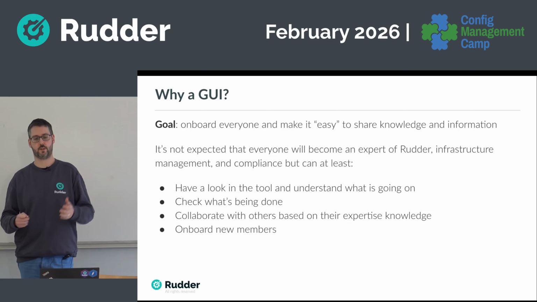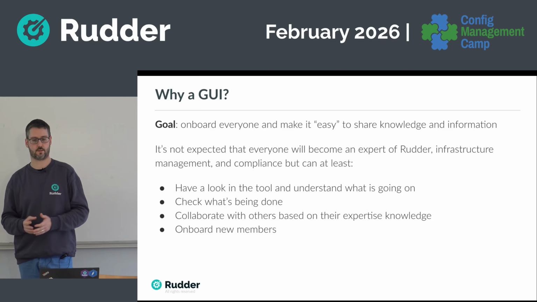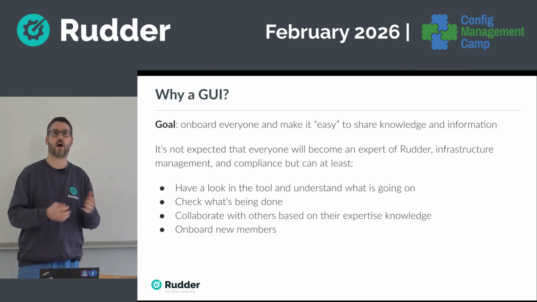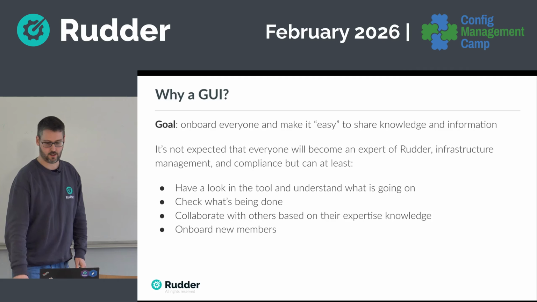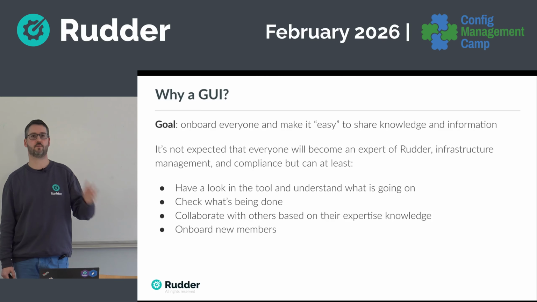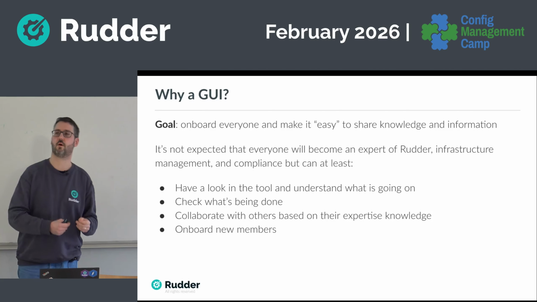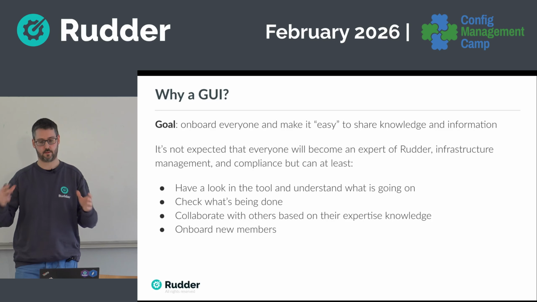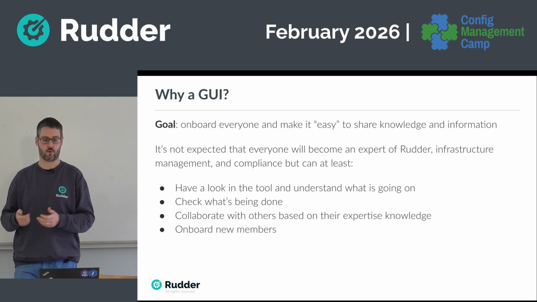But still, with a web interface, you can have people that come, look, and understand what is happening on the system. Even a manager can simply come and check that everything is green and say, yeah, it's green. New people who come to the company can be onboarded and given rights to do some small things first, like add new nodes or manage small things, and as their expertise grows, they can do more with Rudder.